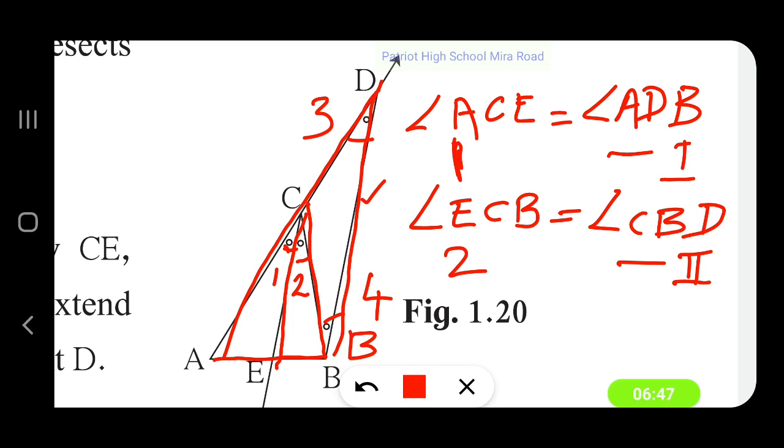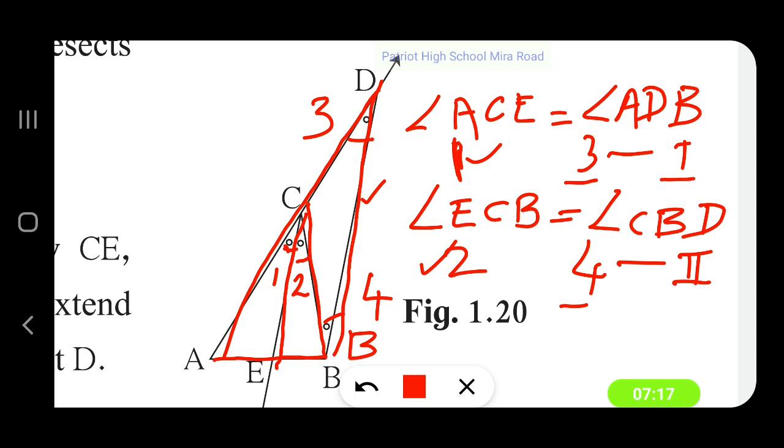Now, ADB is angle 3, CBD is angle 4. So, angle 3 and angle 4, are they equal? Angle 1 is equal to angle 2, CE being the angle bisector. Therefore, we can say that angle 3 is equal to angle 4.